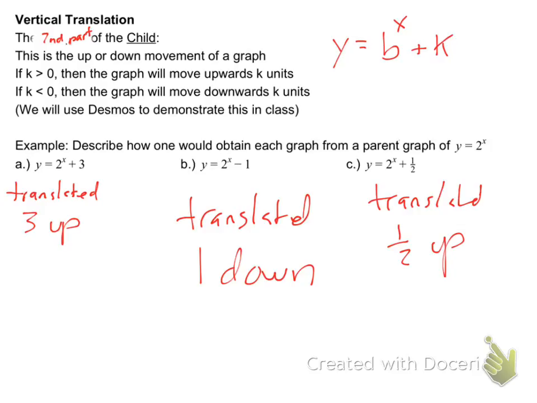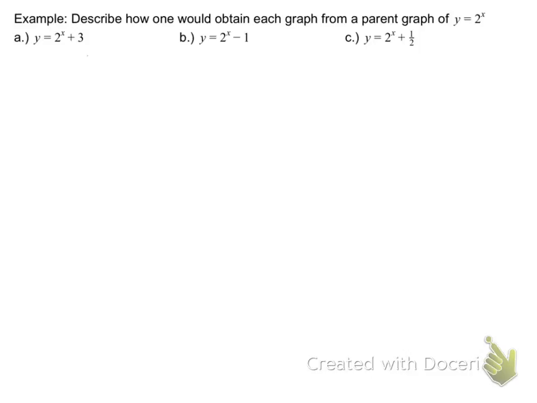So we'll go back to Desmos and demonstrate that. Okay, let's graph one of these now. Which one? First one. Okay, easy enough. Again, we're doing this first one. We have some movement going on, so automatically, I'm going to get rid of the movement and revert back to the parent. What is the parent of these? y equals 2 to the x. We've done this so many times.